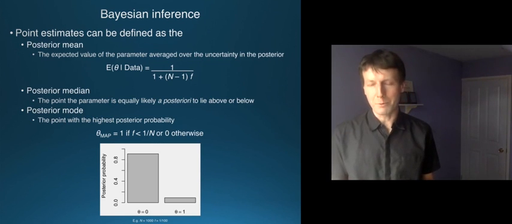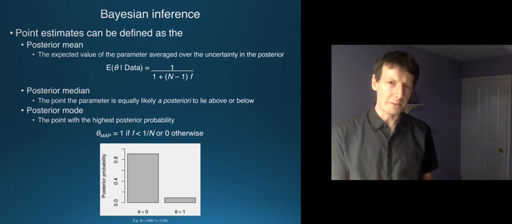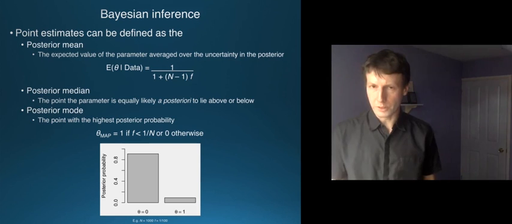And this is an extremely simple posterior distribution because the parameter can only take two possible values, 0 or 1, representing not guilty or guilty. But even so, these principles apply more broadly to ordinal values. So you can take the mean, the median, or the modes.